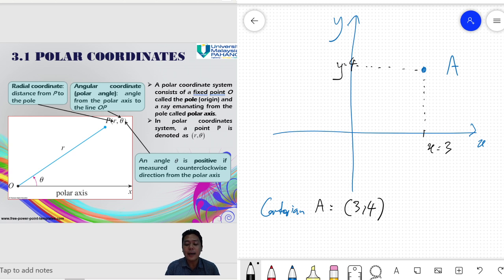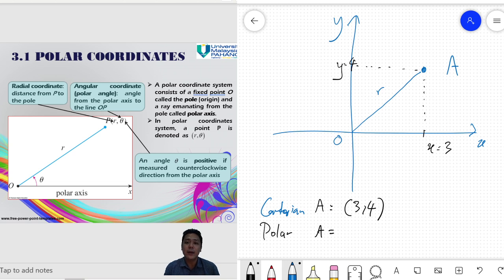However, there are several things that cannot be represented by the Cartesian coordinates. So the polar coordinates will help us to find the distance between the point A and the origin.